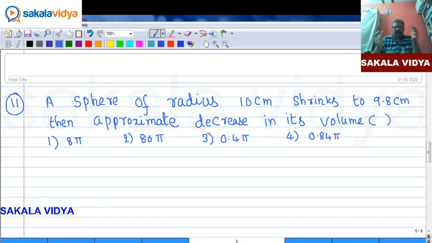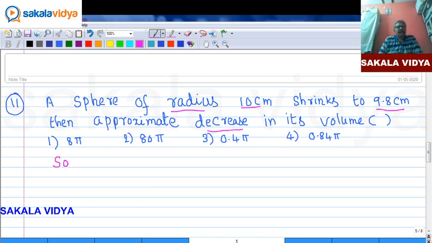So that means shrinking means actually suppressing. Yes, that's called decrease. Shrinks means. This problem is related to the sphere. Radius of sphere is 10 centimeters. It is actually reduced to 9.8 centimeters. Then approximate decrease in volume you need to find out.